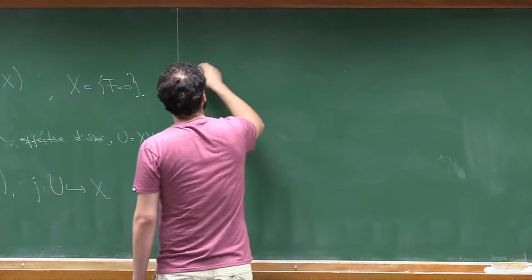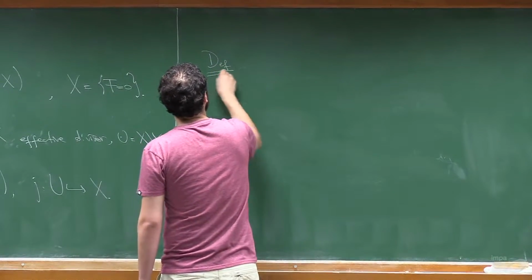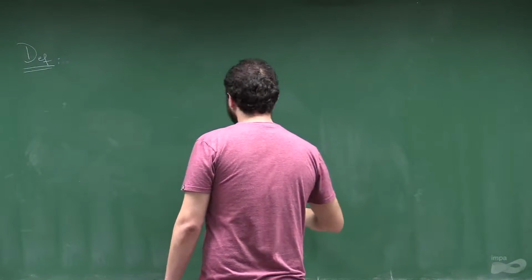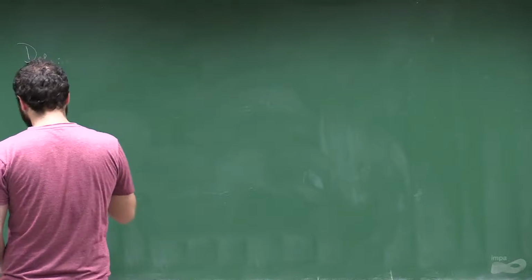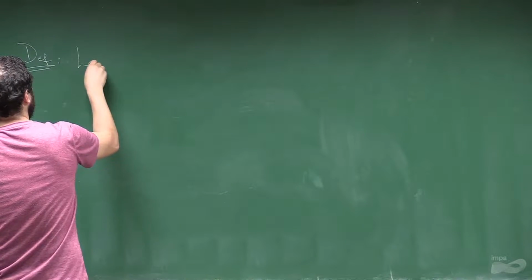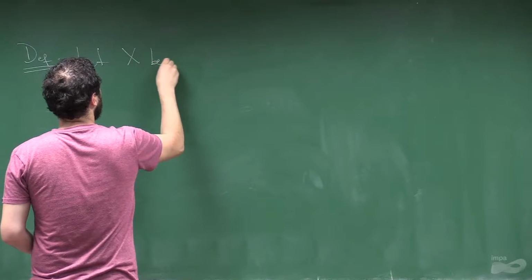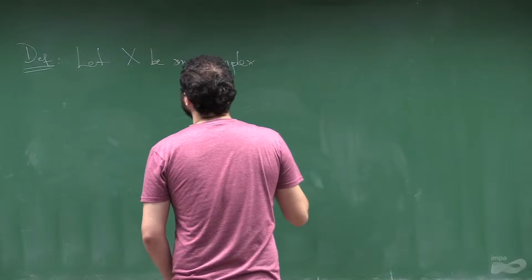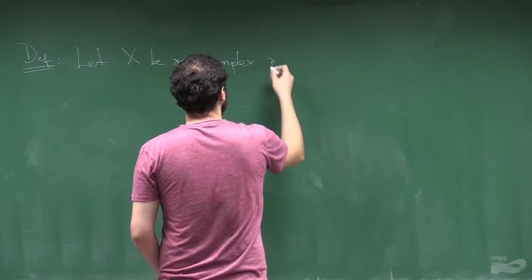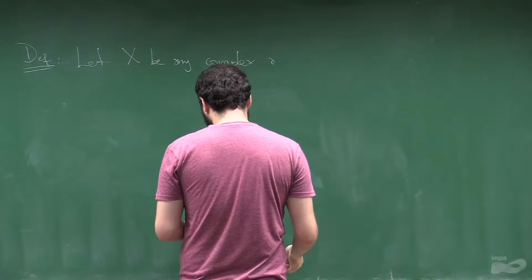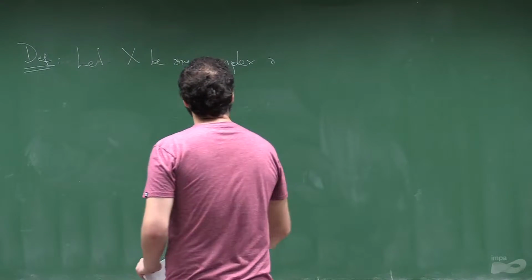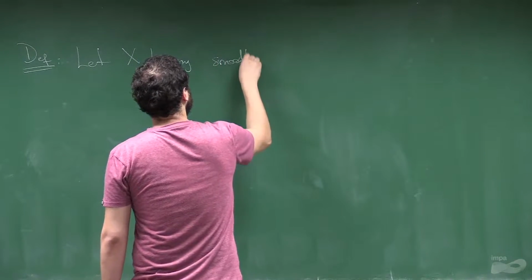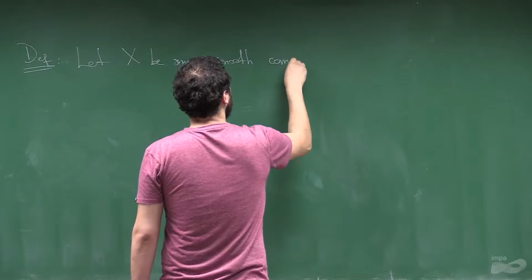Okay, so now we can recover the de Rham cohomology of an algebraic variety just using the algebraic differential forms. So the definition: let X be a smooth complex algebraic variety.